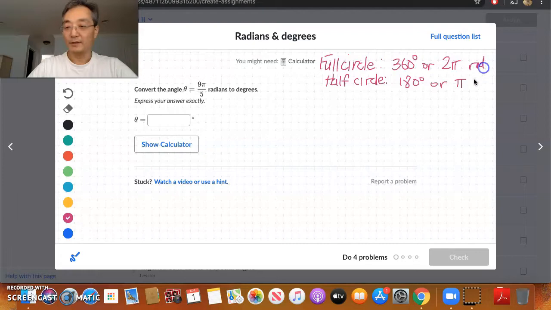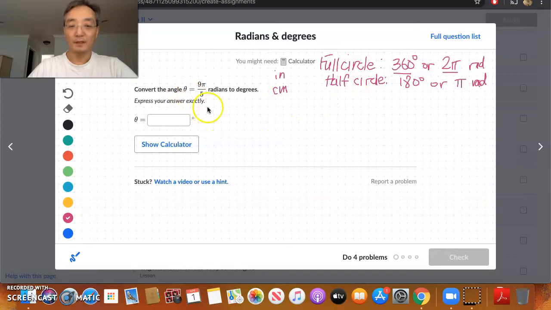Basically, radian is another way of measuring angles, just like we can use inches or centimeters to measure length. Likewise, we can measure angles using degrees or radians.